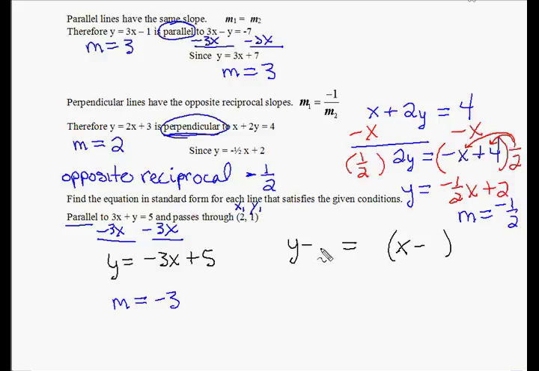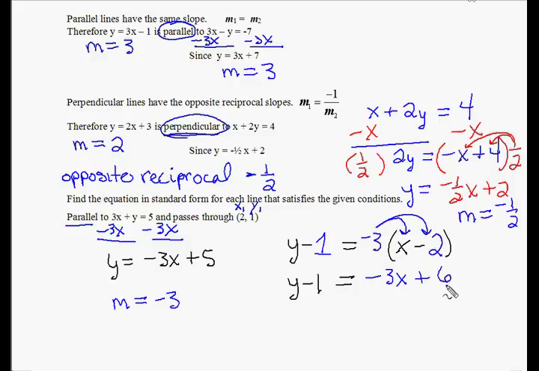Y minus 1 is equal to the slope, negative 3, times x minus 2. And we need to clear parentheses, so we'll multiply this negative 3 using the distributive property, since there's multiplying on the outside and adding in the inside. And we have y minus 1 is equal to negative 3x plus 6.